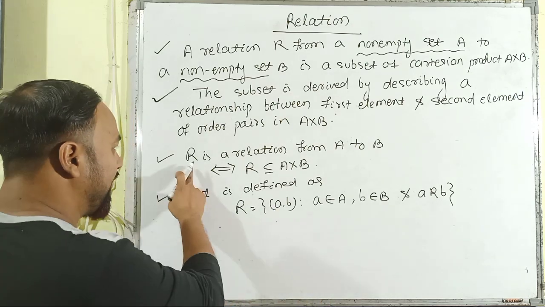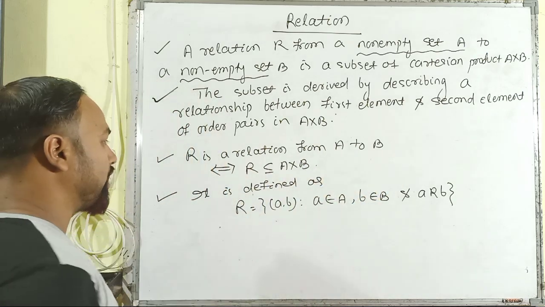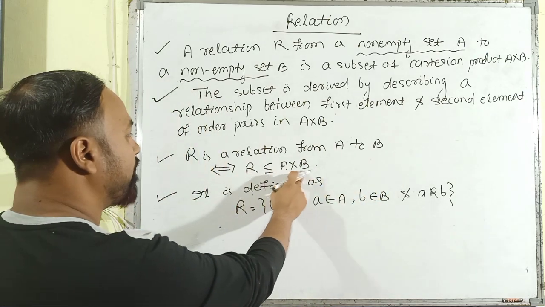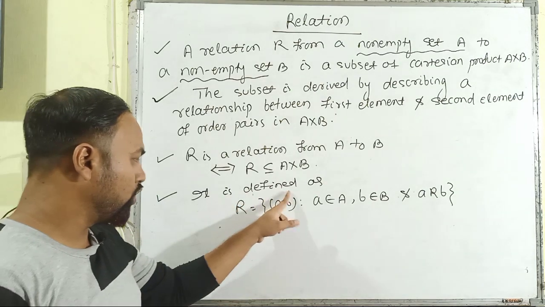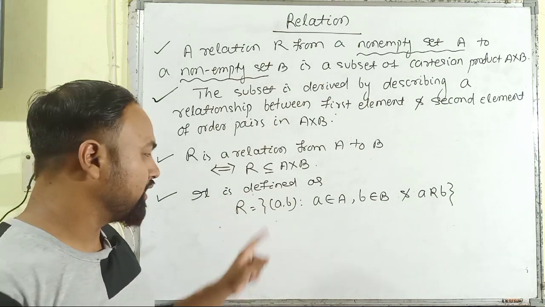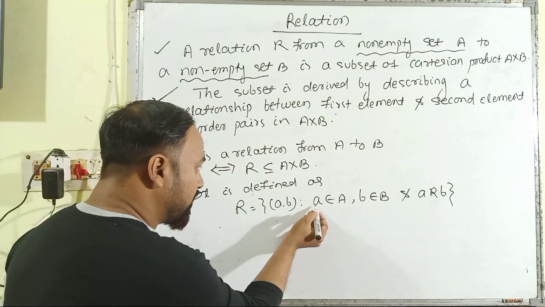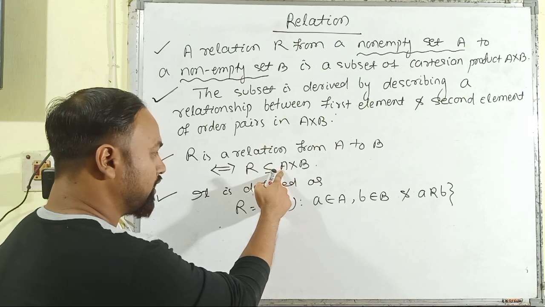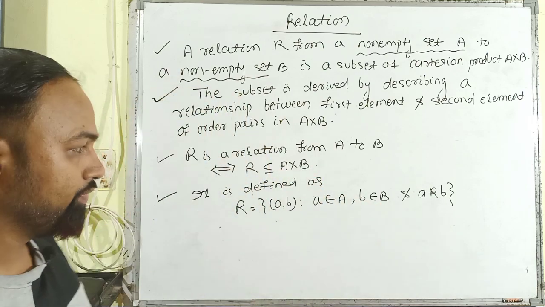Then if R is a relationship from A to B, then we can also write R subset of A cross B. Otherwise, we can also define the relation R as the collection of all possible ordered pairs such that the first element must belong to the first set, the second element must belong to the second set.